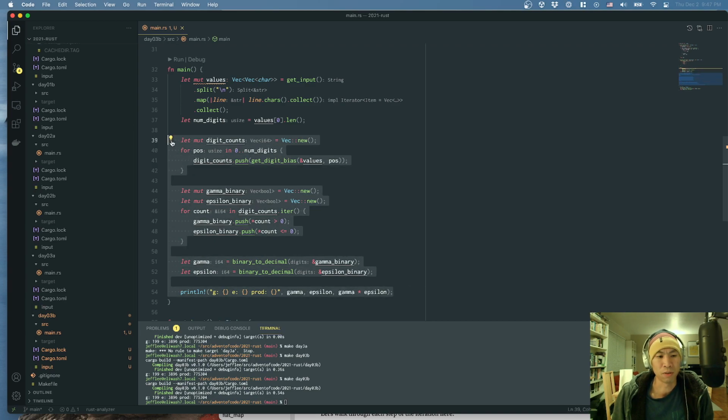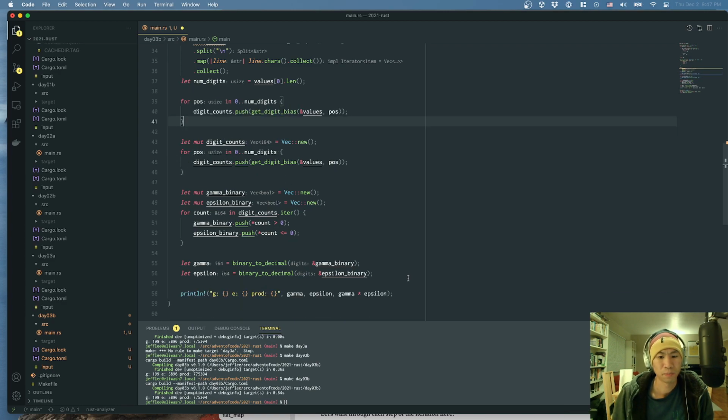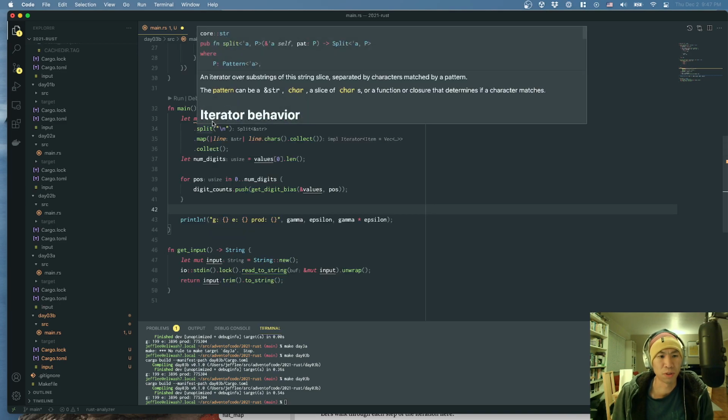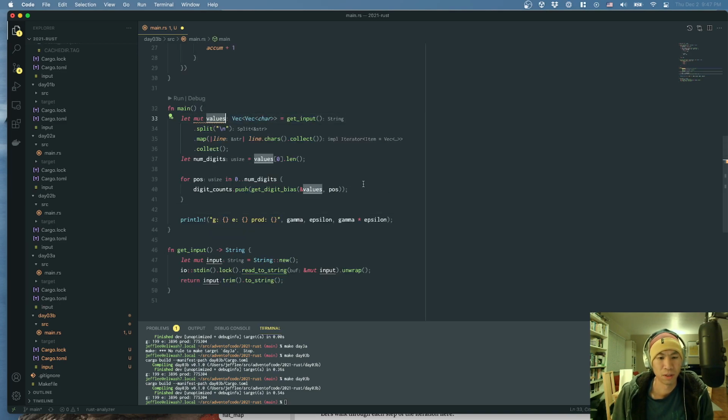What we're going to do, though, is loop over the positions. And each time we do that, we're going to be updating values. And values, hopefully, will be getting smaller and smaller over time. And hopefully, by the end of getting through each of the digits, we'll actually end up with just one number. But we will have an oxygen number and a CO2 number, so it's 2 different vectors. So this is actually not going to be mutable anymore.